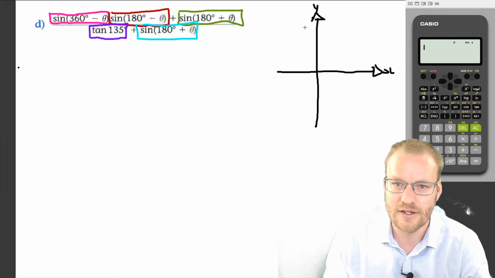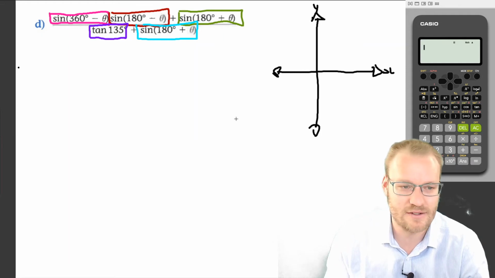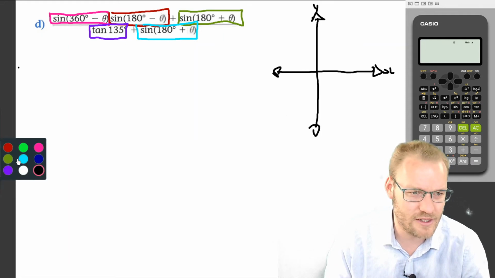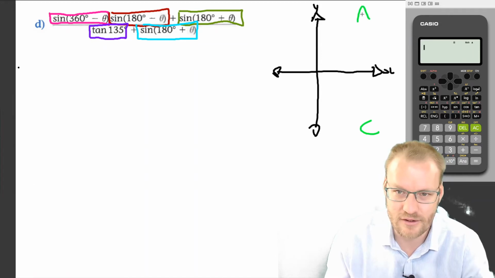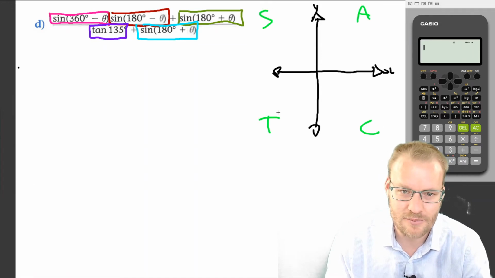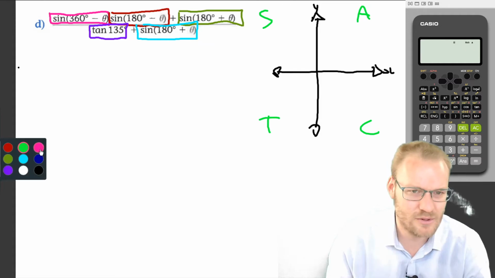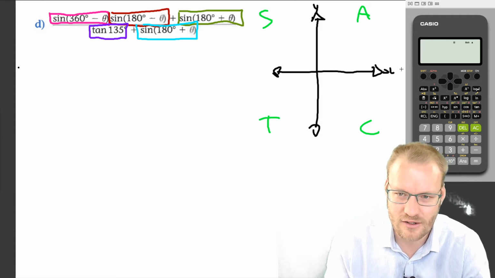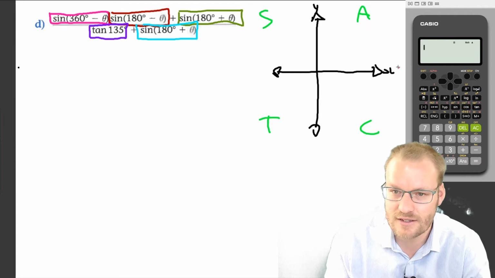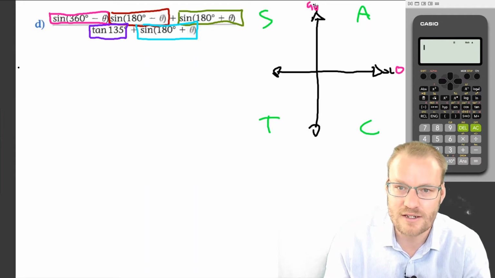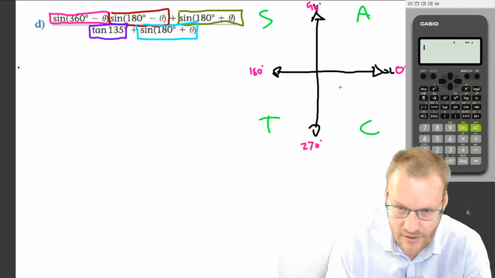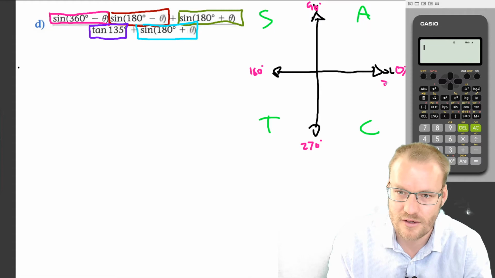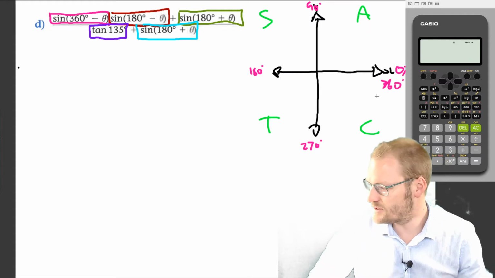I always like to go X, Y. As I said before, you don't need to put the arrowheads on the X, Y, but we definitely want to have the CAST, and it's probably worthwhile to have that's 0 degrees, that's 90 degrees, that's 180 on the straight line, this is 270, and then if we keep going round, a full revolution is 360 degrees.